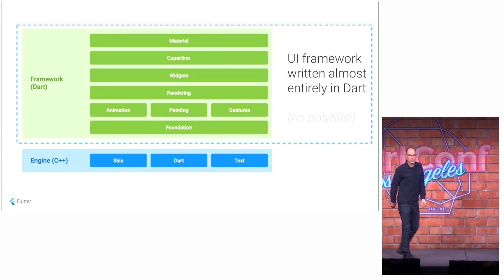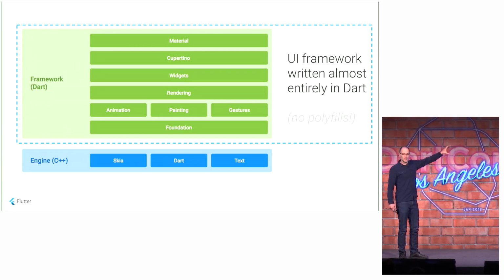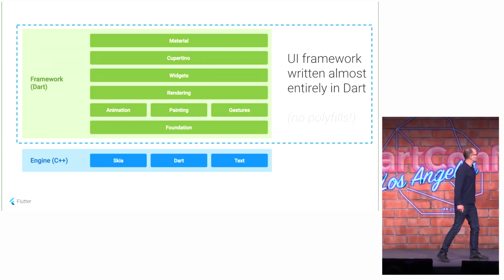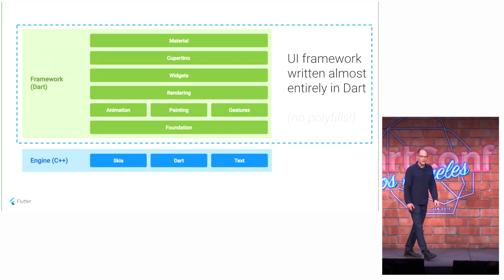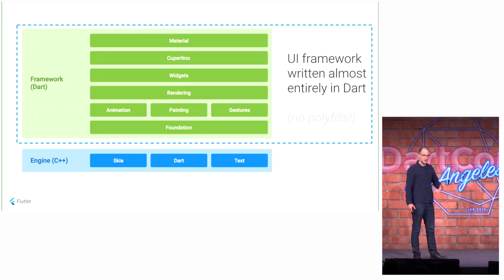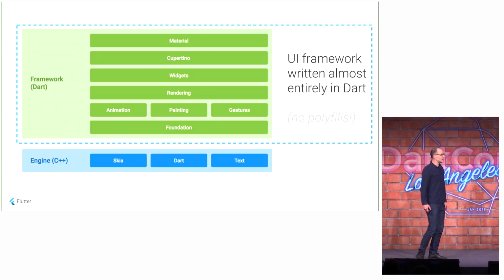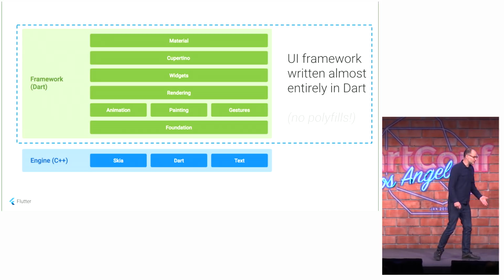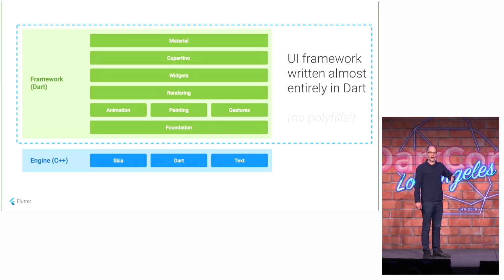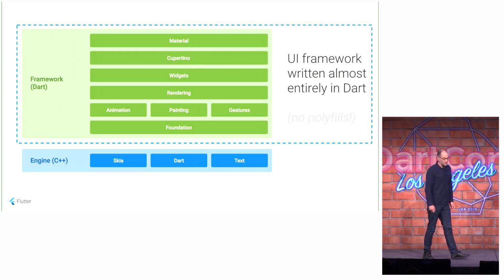From the tooling perspective, the bit at the bottom, the engine part, is fairly opaque to tooling. What that means is it makes our job a little bit harder because we don't get to leverage a bunch of native low-level tools. But it gives us the distinct advantage of being able to give you a tool that can describe quite a lot of what's going on in a uniform and consistent way.